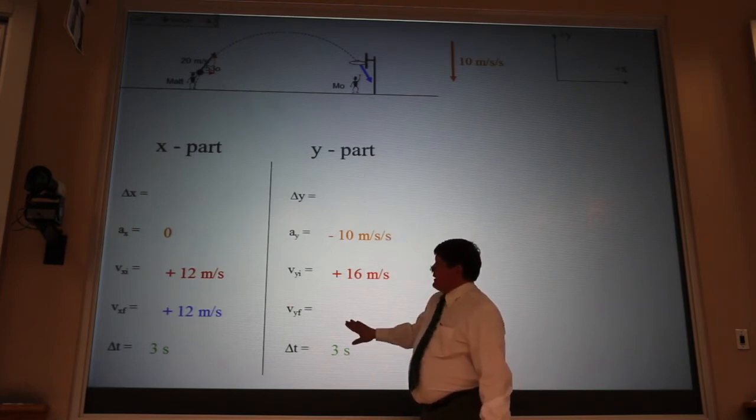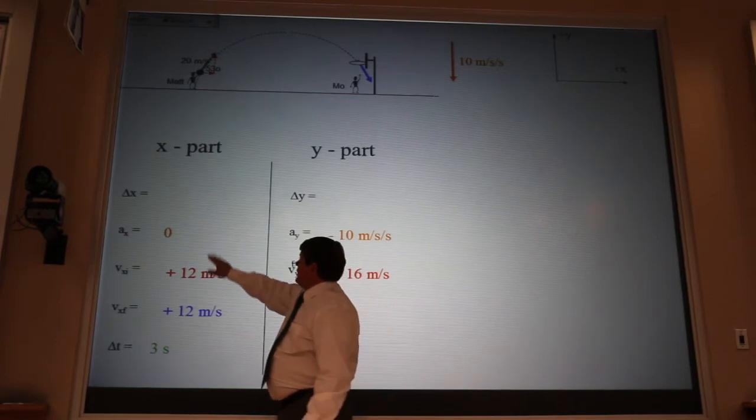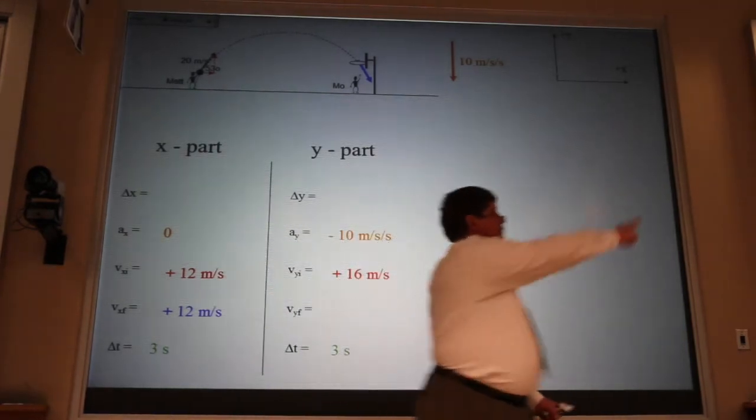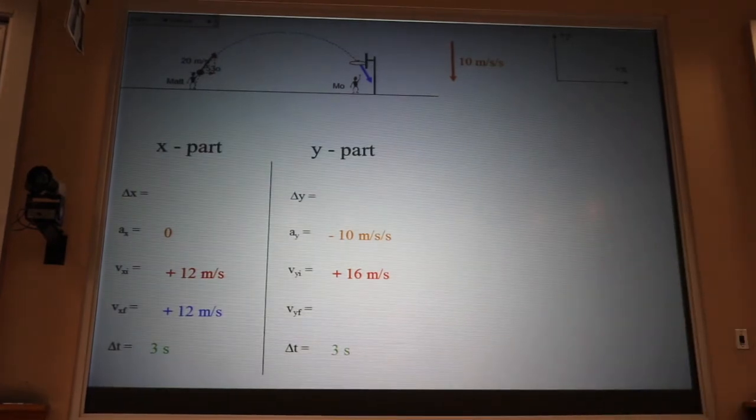I can solve for the other 2. I've got 1, 2, 3, 4 in this column. I can solve for that one just by plugging into those equations up there. Let's look for v final y first. I just say, I started with 16 up. Every second that went by, I added 10 down. And that's what gave me my minus 14.